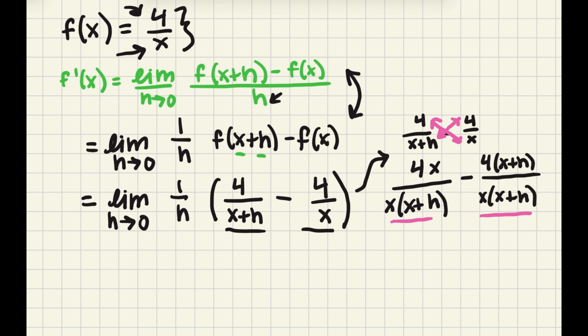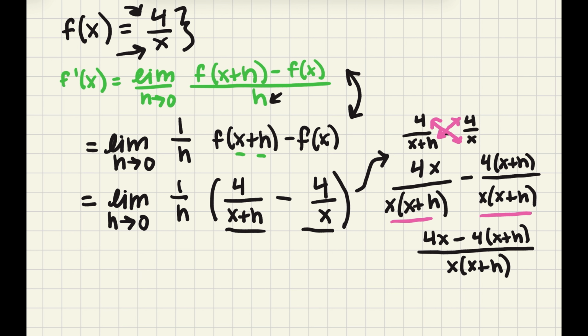Let's just go ahead and combine these two, and that'll leave us with 4x minus 4 times x plus h over the same common denominator, which is x times x plus h.